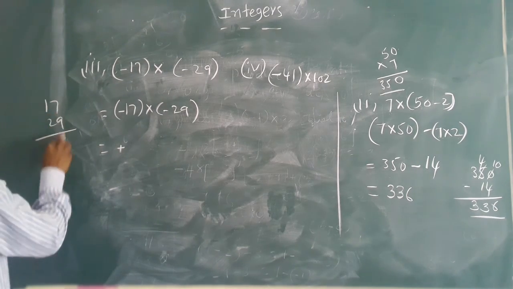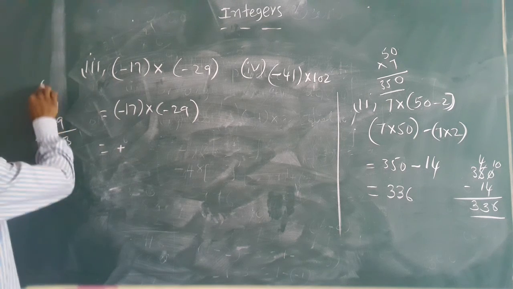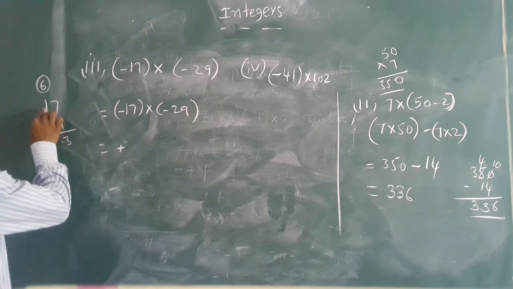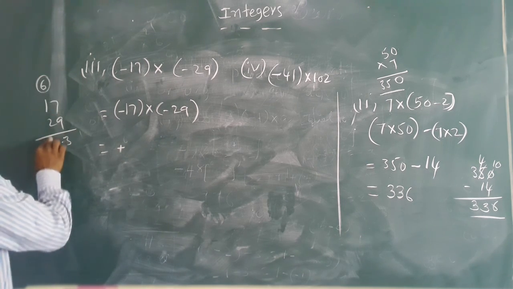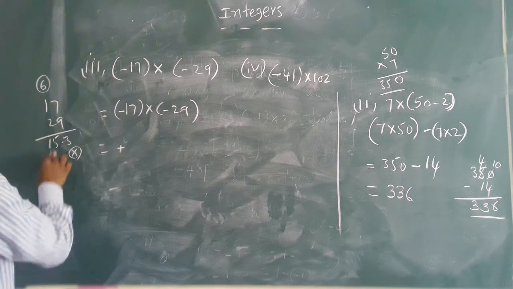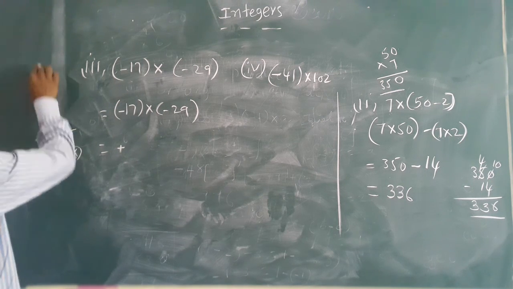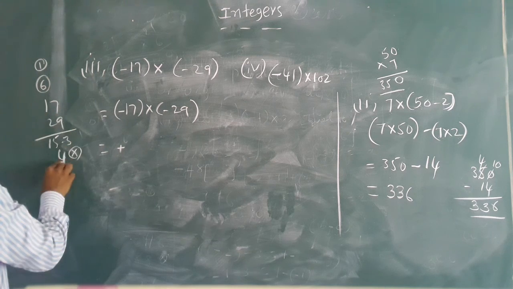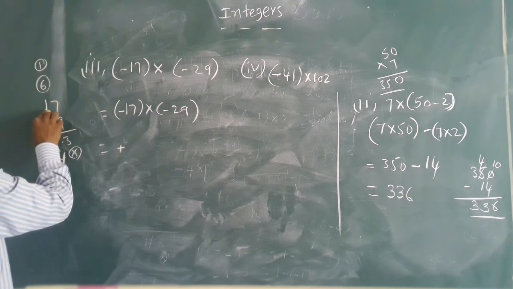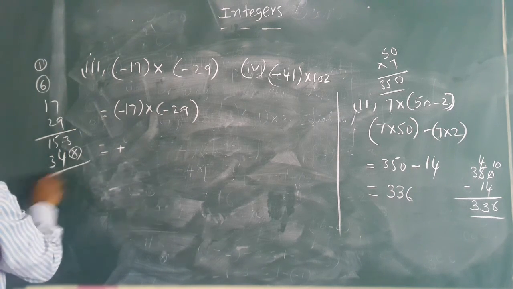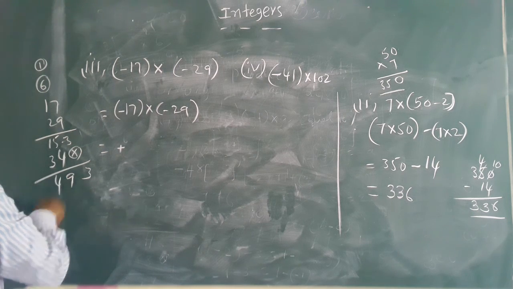Now 17 into 29. 9 7s are 63. 7 9s are how much, children? 63. 6 carry. 1 9s are 9 plus 6, 15. 1 place. 2 7s are 14. 1 carry. 2 7s are 14, 1 carry, 2 1s are 2 plus 1, 3. So 3 9 4.